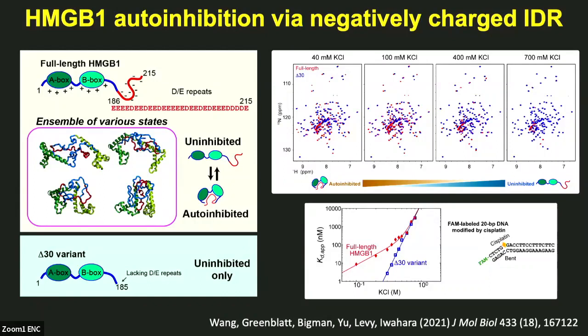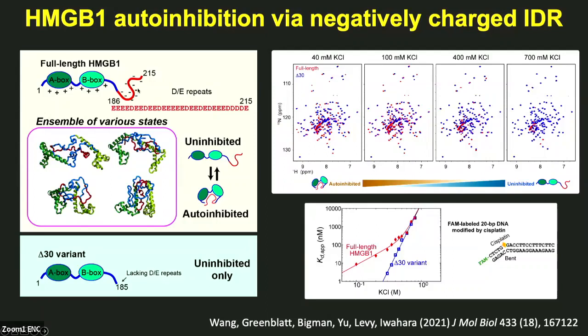But this effect is dependent on ionic strength, and at very high ionic strength, autoinhibition is released, but at physiological ionic strength, more than 90% of the protein is basically auto-inhibited due to the electrostatic interaction between these 2.